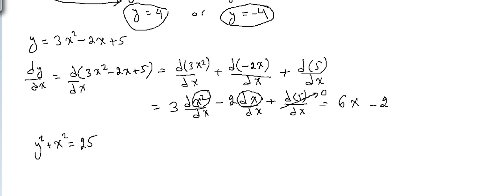Okay, what do we do? This equation is an implicitly defined function. So it's an implicit function. This function, or this equation here, is implicitly defined.